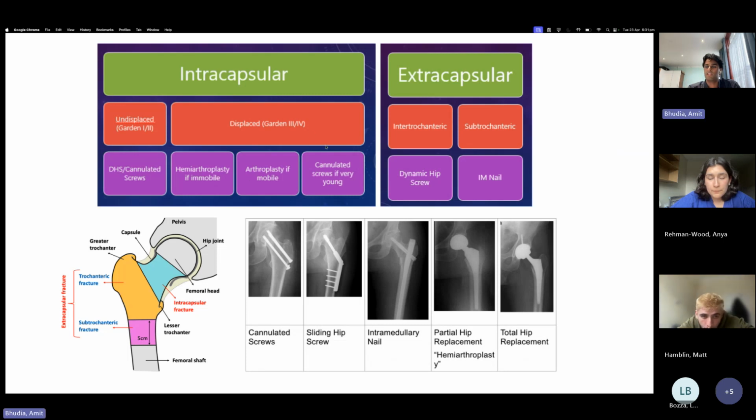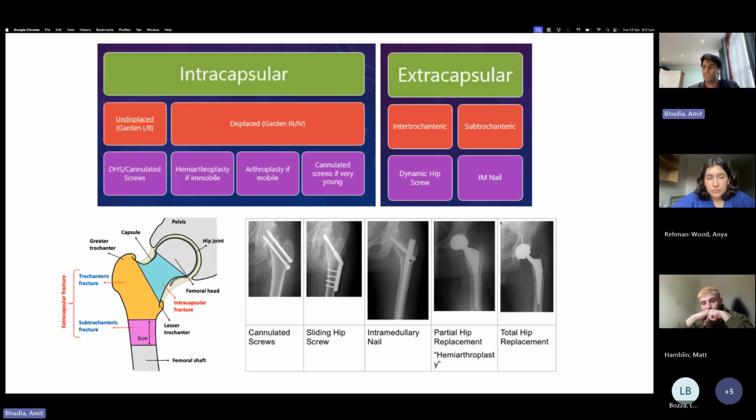But also, if it's displaced and they're young, you can go for cannulated screws, but I think that's not as common. And then if you go for the extracapsular fractures, with your intertrochanteric fractures, you want a dynamic hip screw, because how that works is it's able to move around between the femoral head and the femoral shaft.